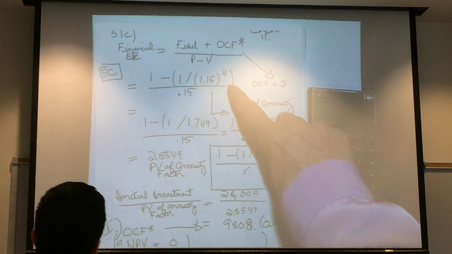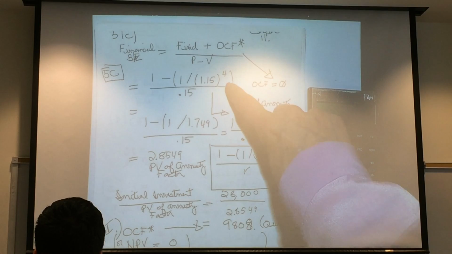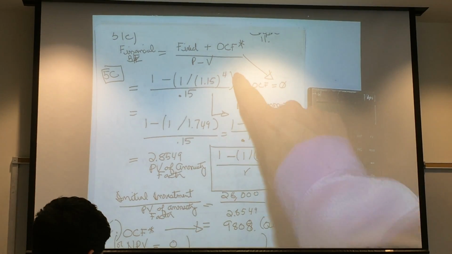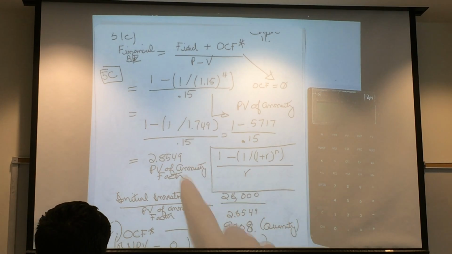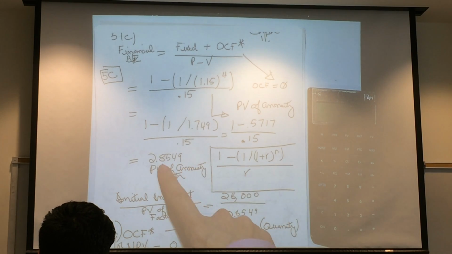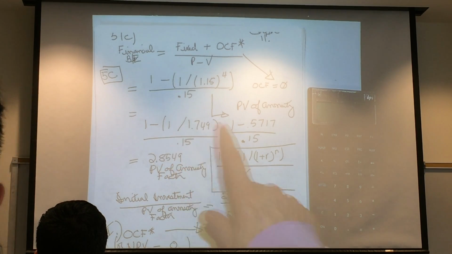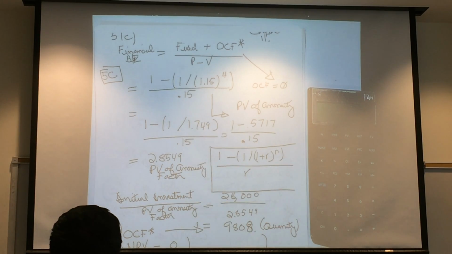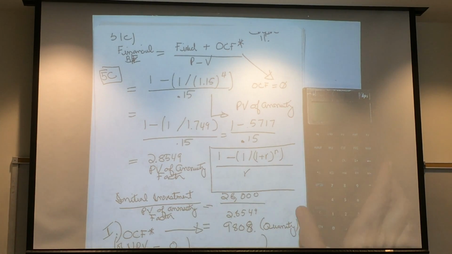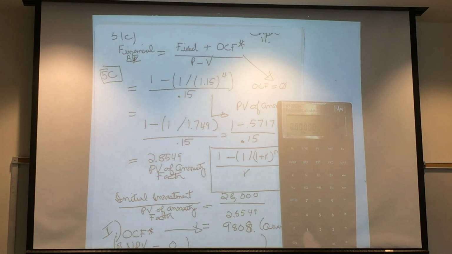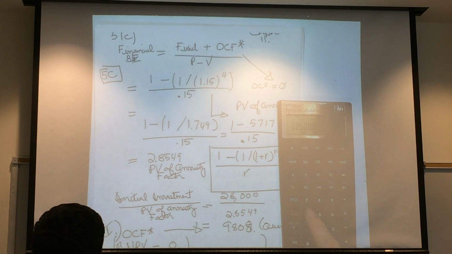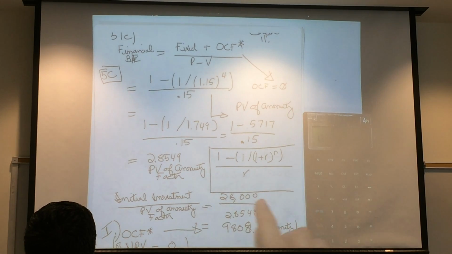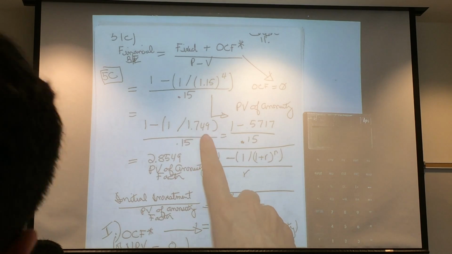So you have 15% as the required rate of return. You're going to hold it for 4 years. You put it in your equation to figure out the present value annuity factor. You come up with 2.8549. Use this calculation. So if I do the 1.15, down arrow key, 4, that gives me 1.749.